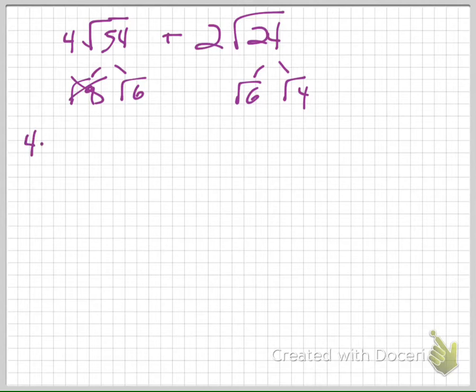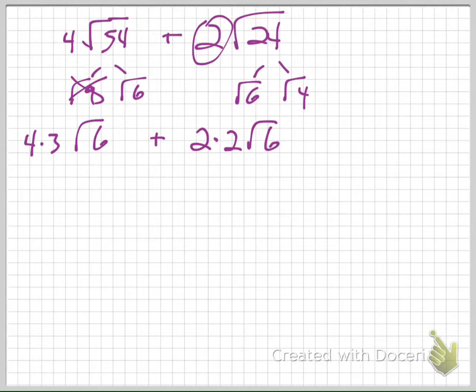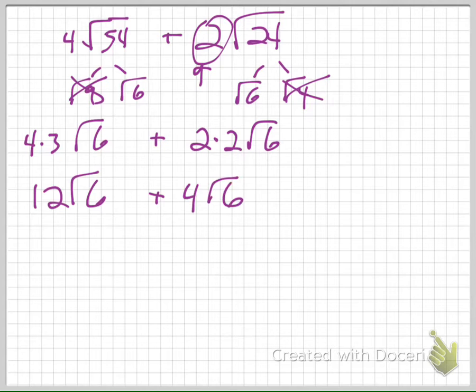I now have 4 times 3 out here. I had the 4 originally. Don't forget that. Don't lose him. 4 times 3 times the square root of 6 plus 2 times 2 times the square root of 6. You don't lose him, and then he becomes a 2. So I have 12 times the square root of 6 plus 4 times the square root of 6. What's that become? 16 times the square root of 6.